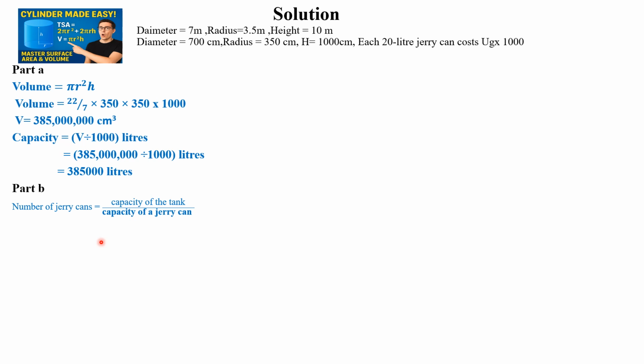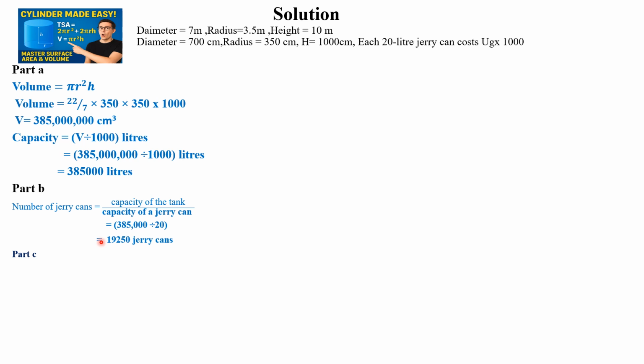So it means that you have to get the capacity of the tank divided by the capacity of a jerry can. How many liters does the tank hold? And how many liters of water can be in a jerry can? Then the moment you get the capacity of the tank divided by the capacity of the jerry can, you'll get the number of jerry cans.